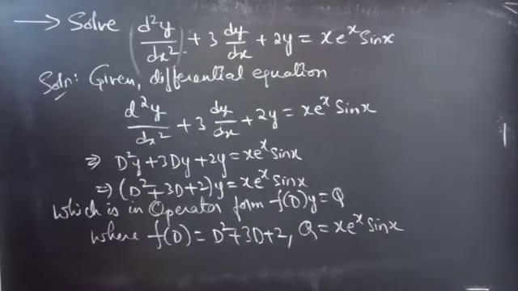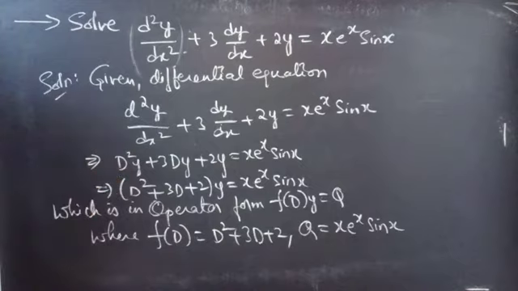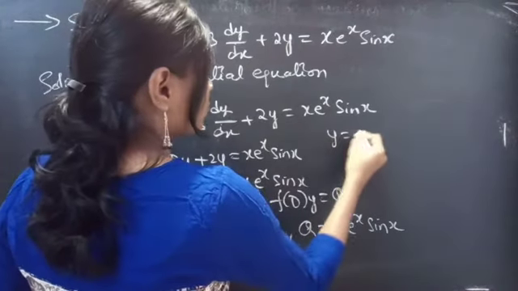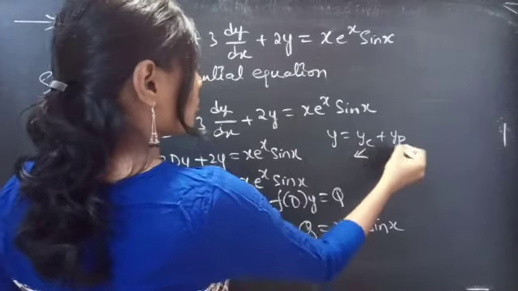Now we need to find the general solution to the given equation using y = yc + yp. Here yc is the complementary function, yp is the particular integral.